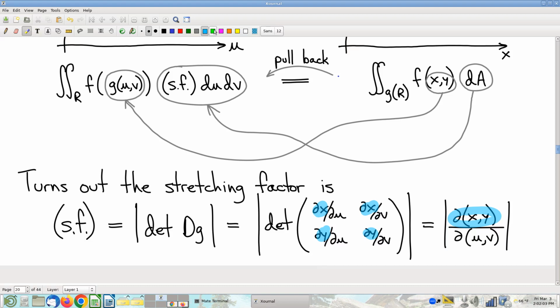And then what am I taking the partials with respect to? Well, u and v. So partial uv on the bottom. So again, streamlining it, we're describing, roughly speaking, this matrix as the partials of x and y with respect to u and v. So that's kind of plausible, I think. Everybody buy it?